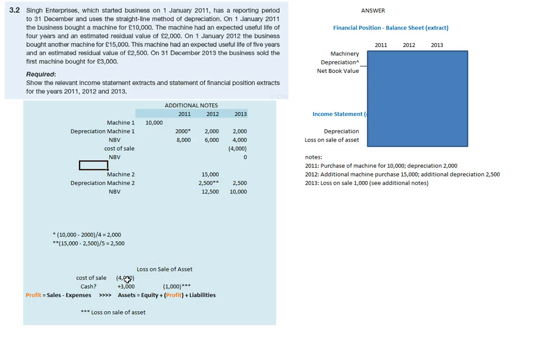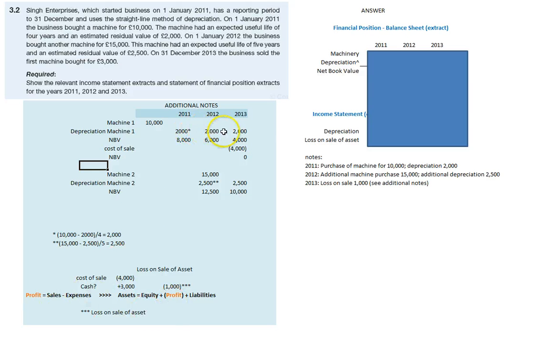So you've got the cost of sale there and cash here, and then you have, so that on the asset side of the equation you can see is a net negative of 1,000, and on the profit side that's a loss of 1,000. So our equation balances as minus 1,000 on both sides. Note that I've condensed sales minus expenses as profit, or if it's negative obviously it's a loss.